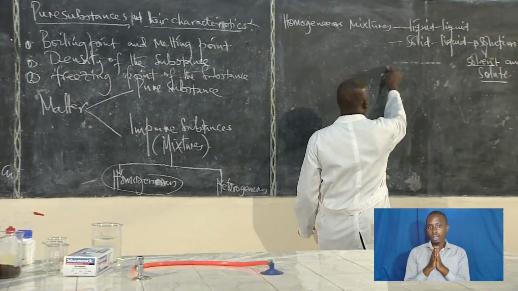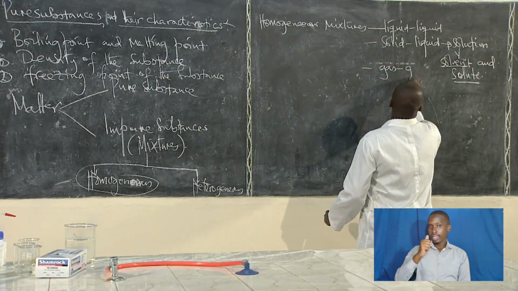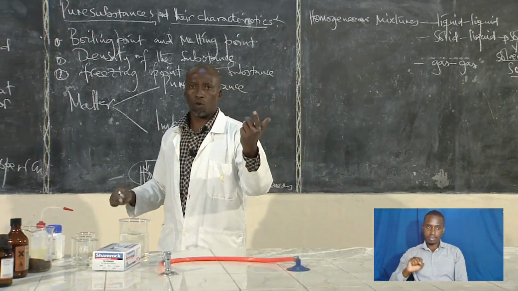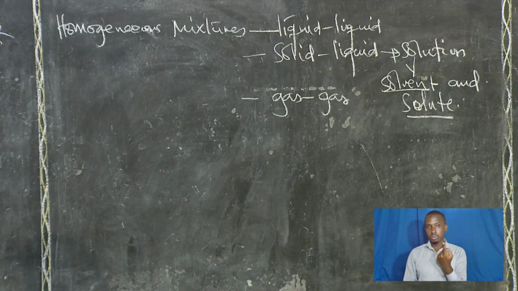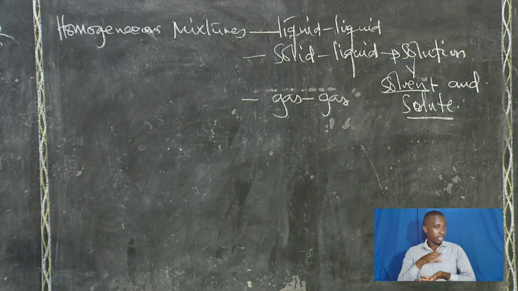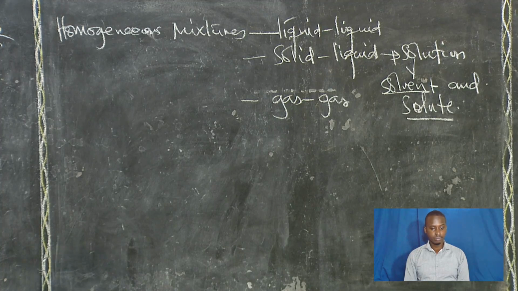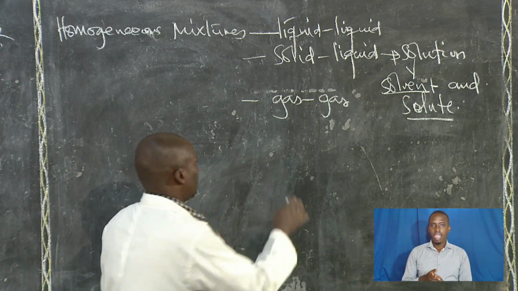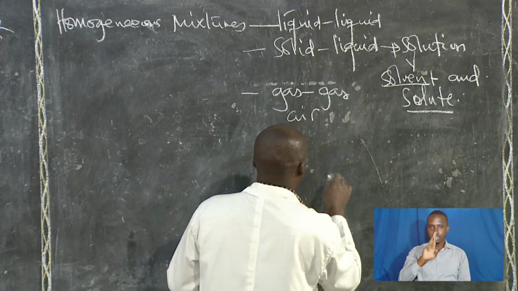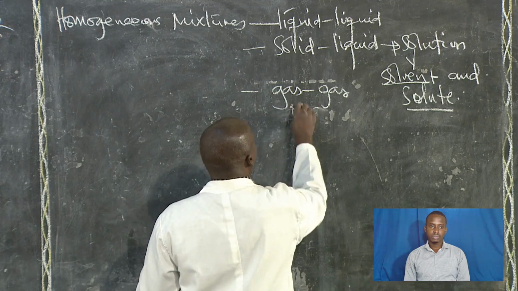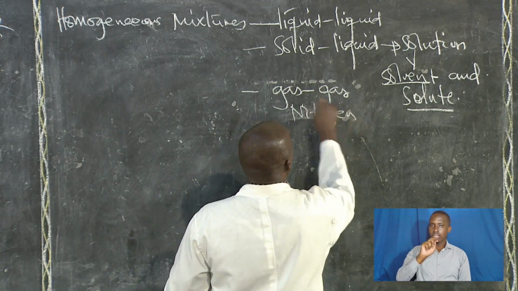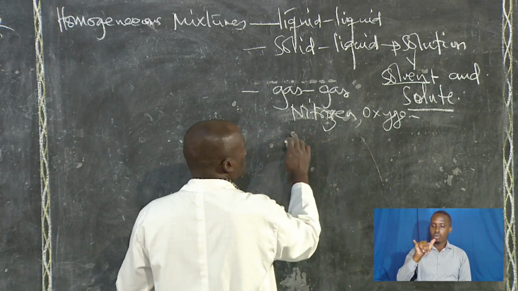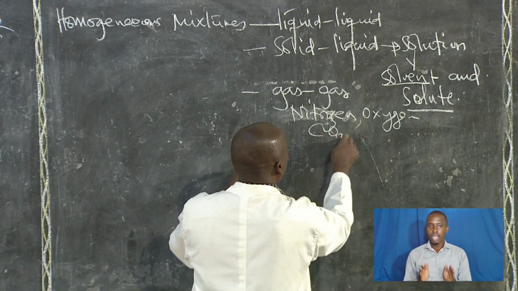We may also have a gas mixture. Can you suggest maybe one example where you have gas mixtures? We can have maybe air. So we have air, maybe nitrogen, oxygen, and then carbon dioxide.